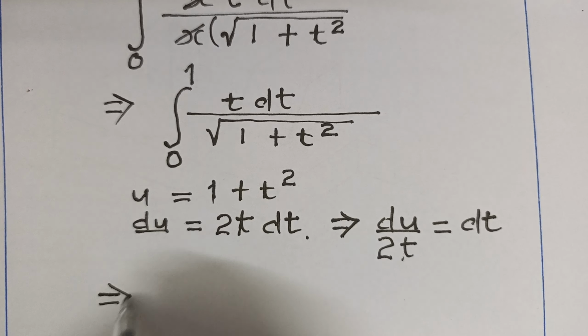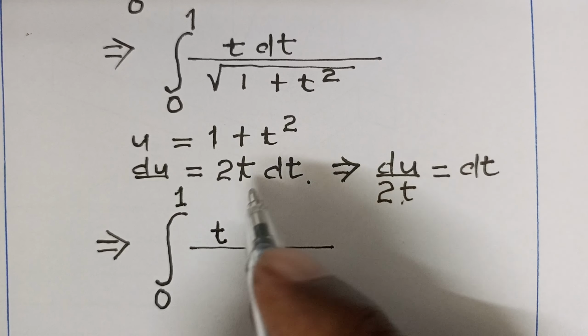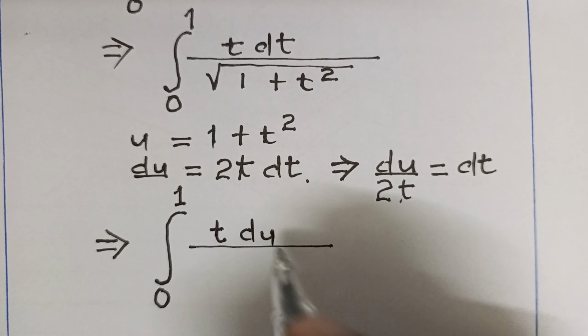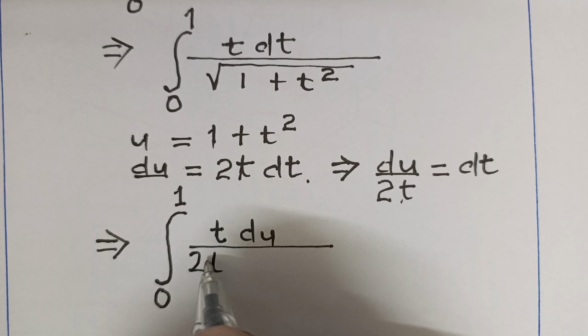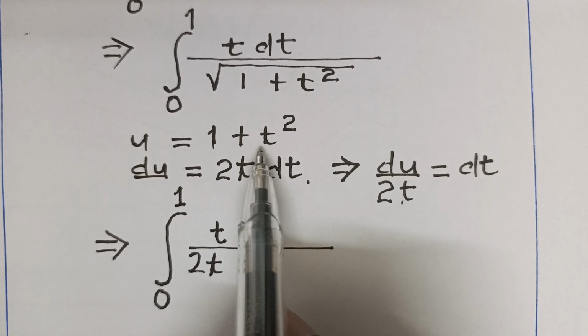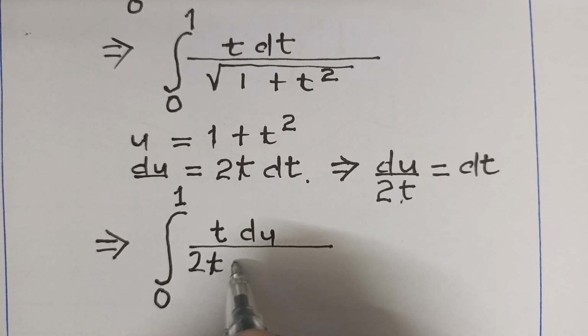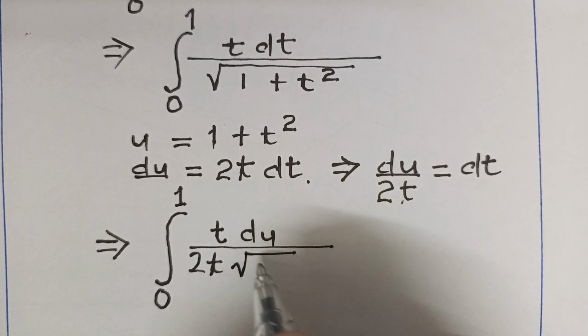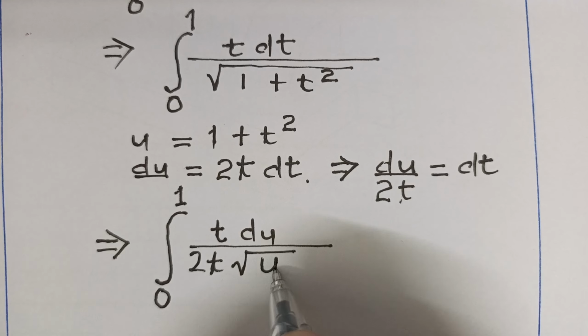Guys, remember these limits are still for t. And so we can put them, but we shall remember that. So this is now going to be, here we have t, and the dt is du all over 2t. Of course, t is going to cancel. And then we have 1 plus t squared, that is square root of u.